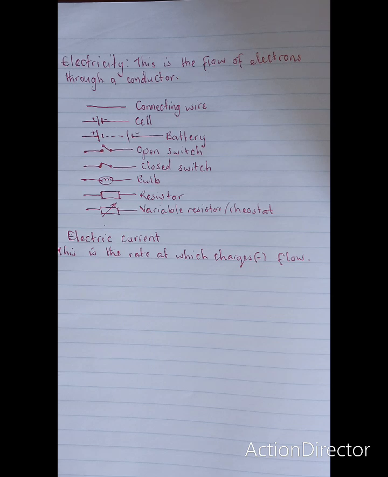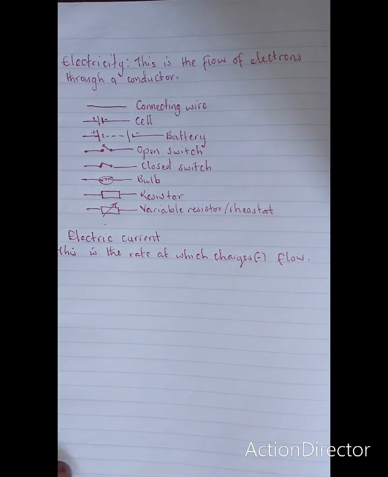We all know for a fact that protons do not flow, they do not move. They are stationary. But what flows are the electrons. That's why we are saying negative there, to simply indicate electrons.